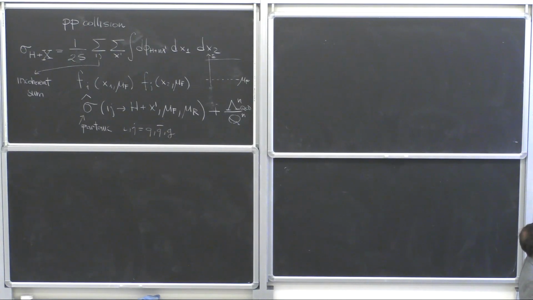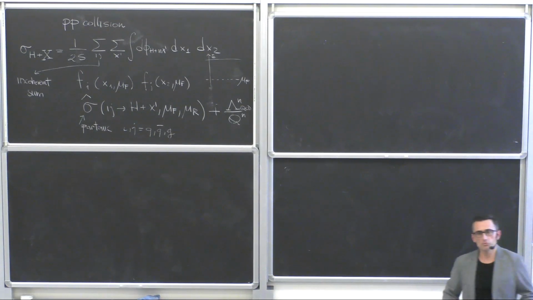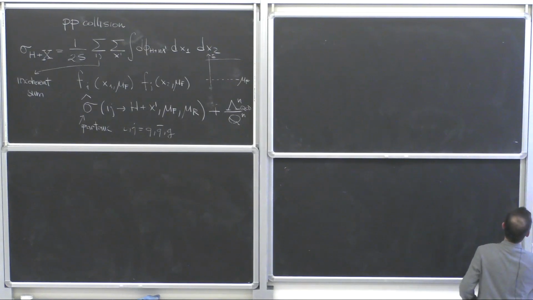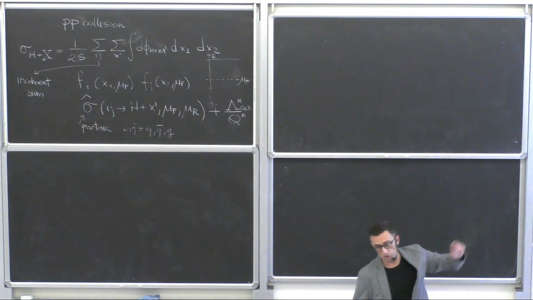So this 10 to the 2, 10, I'm right in the middle here. So it's roughly 50 picobarns, which is what I told you about. The second one is called weak boson fusion. I will mention it later, but it's already one order of magnitude smaller. So if you have to discover the Higgs, you focus on gluon fusion, pp to Higgs.